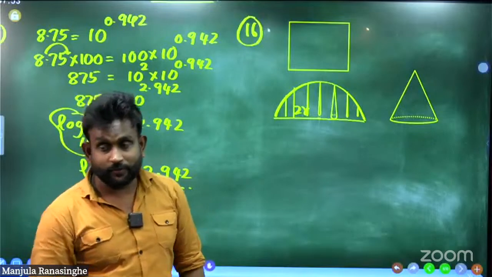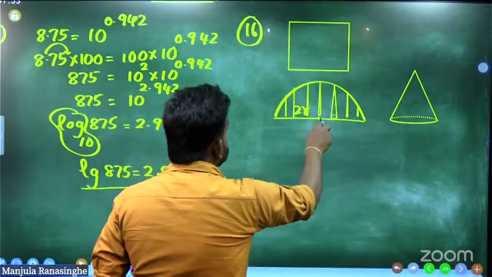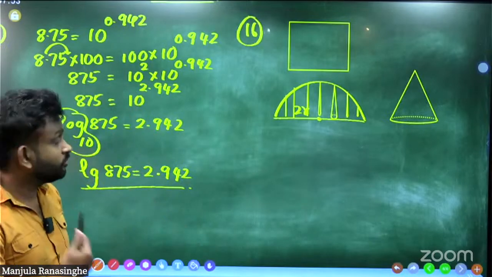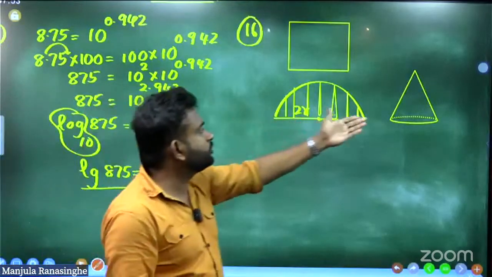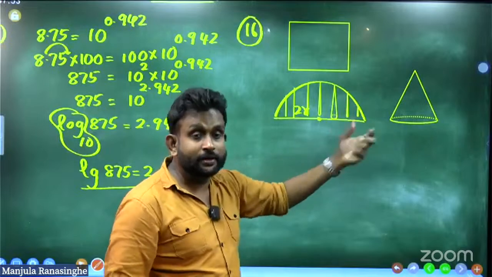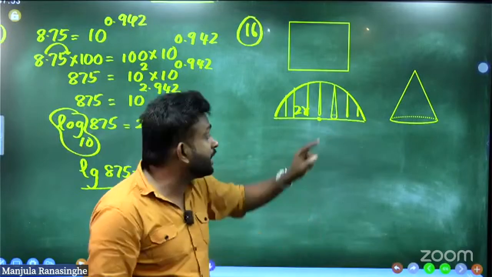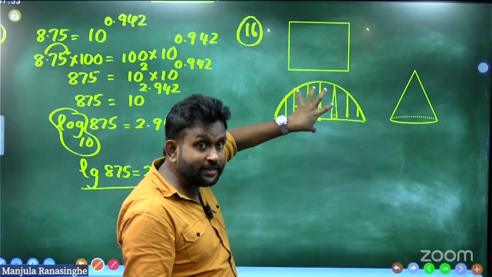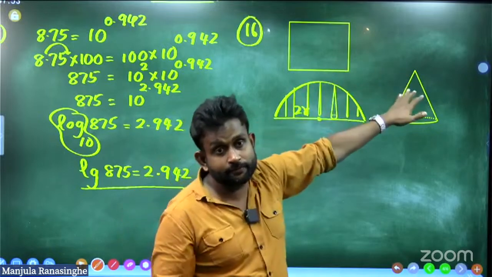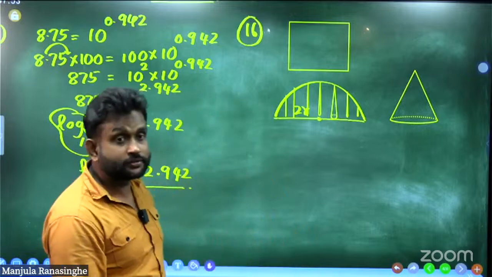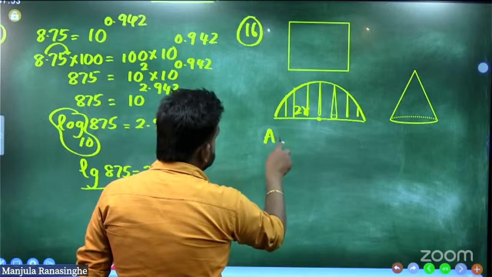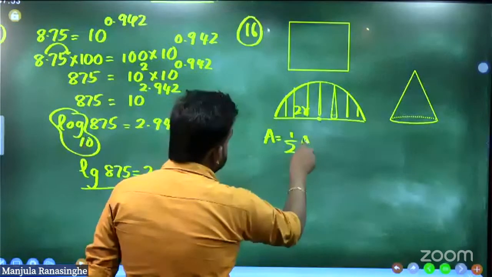You can find the area of this semicircular part with radius 2r. No need to think much about what formula applies here. The curved surface of this cone is built from this figure, so I find the area of this figure, and it reduces to the cone's curved surface area. So you take the area of this semicircle, that is half pi r squared.